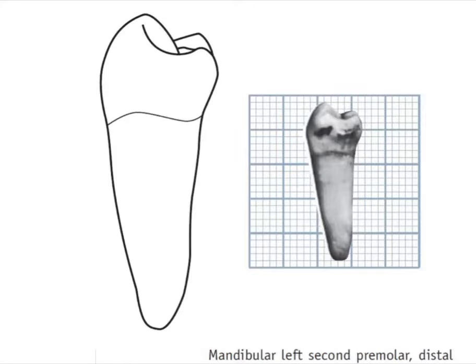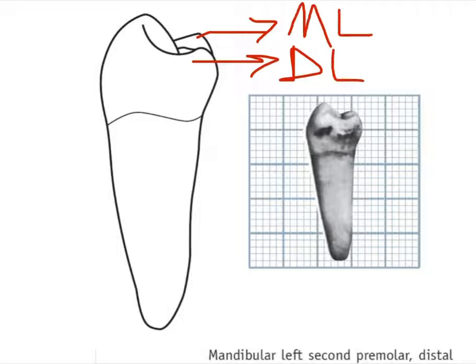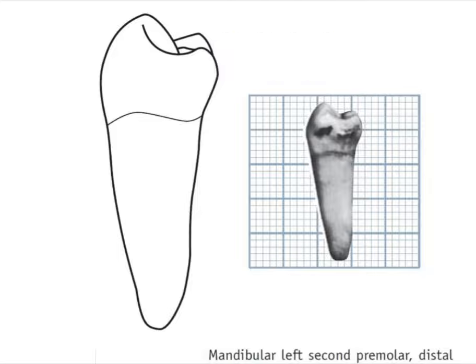As we move to the distal aspect or the distal view, both lingual cusps can be seen. You can see the distal lingual cusp and the mesiolingual cusps, plus the buccal cusp, of course.